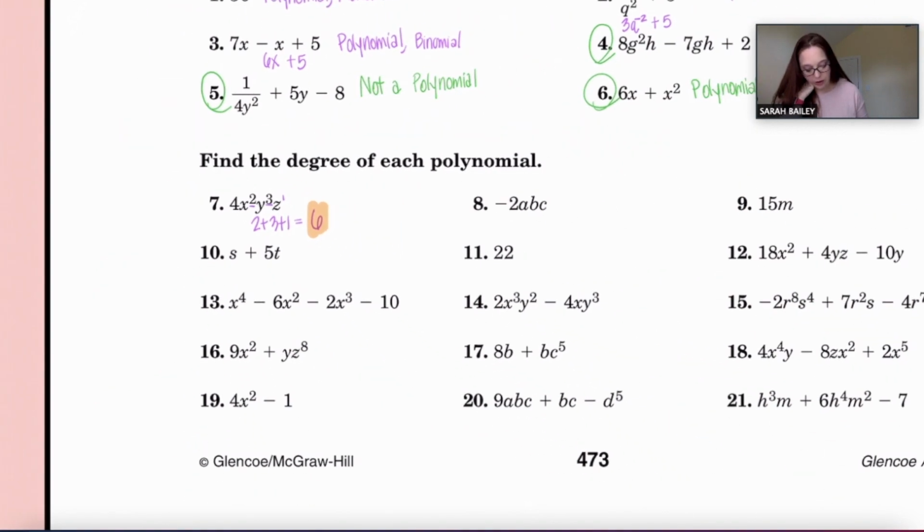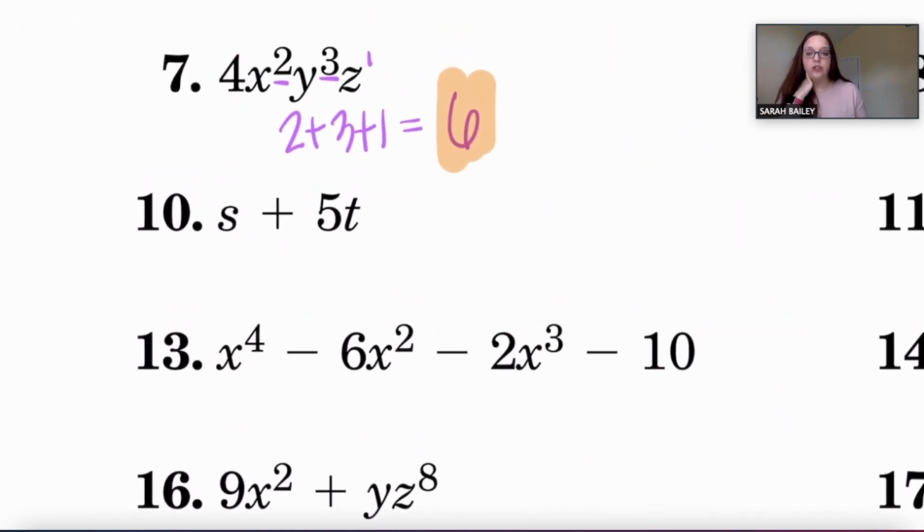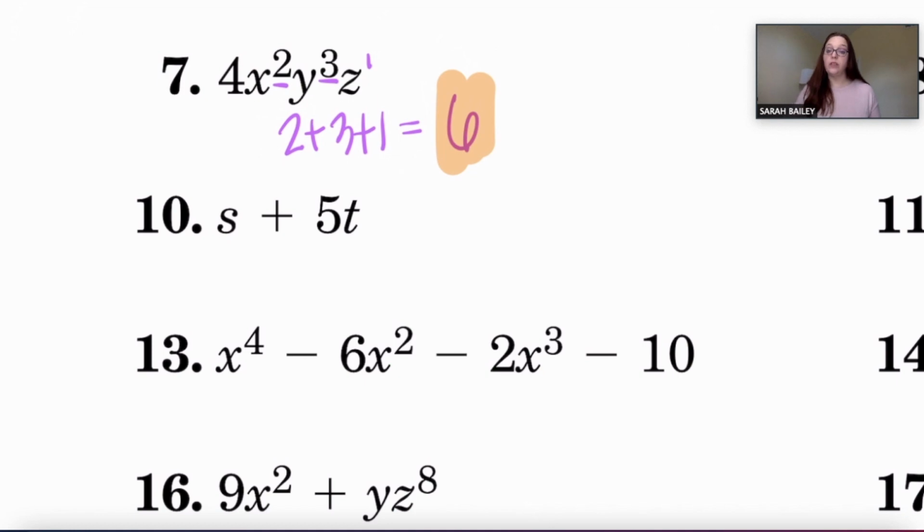Okay, let's look. I'm going to skip 8 and 9. I want to look at number 10. So there are 2 terms here in number 10. This is a binomial, s plus 5t. So I'm going to look at the degree of each term. The first term is just an s. Remember, that's s to the first power. The second term is 5t, and that's a t to the first power.